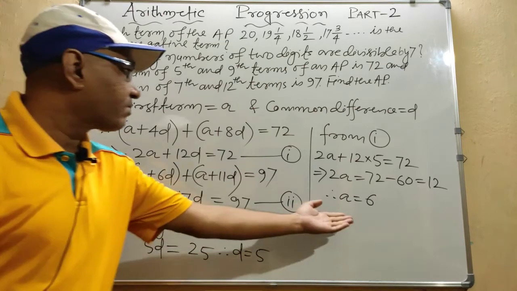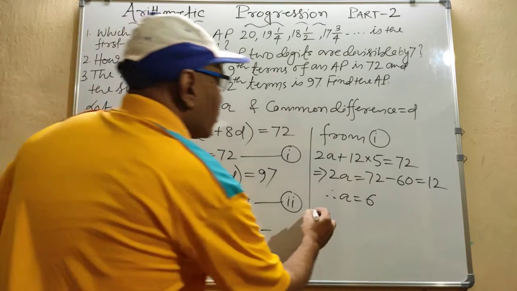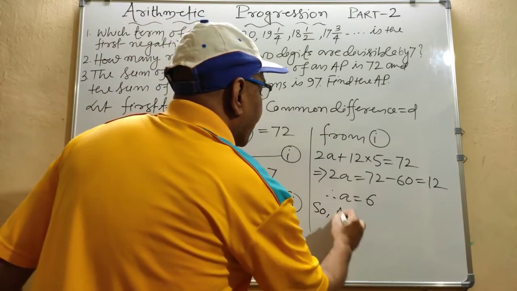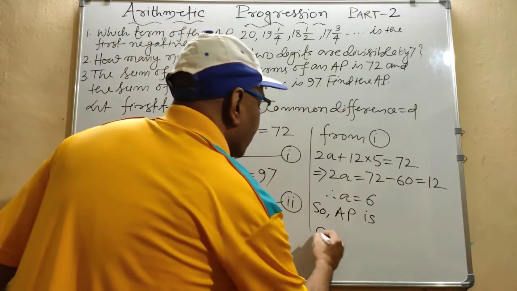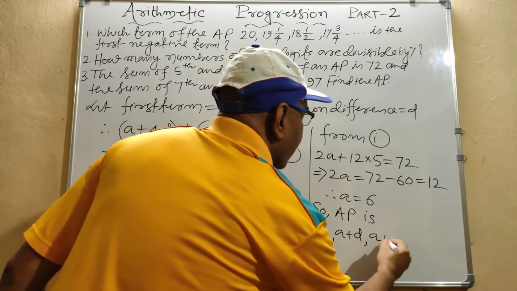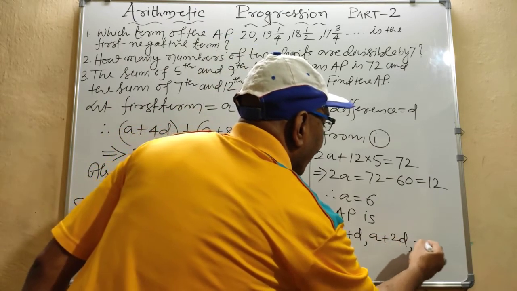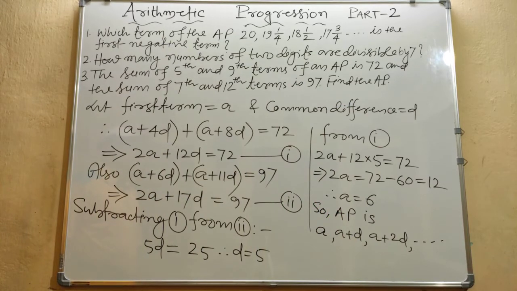a is your first term and d is your common difference. So what will be the arithmetic progression? a, the second term will be a plus d, the third term a plus 2d, and so on. In this way we can write the arithmetic progression if the first term is a and the common difference is d.